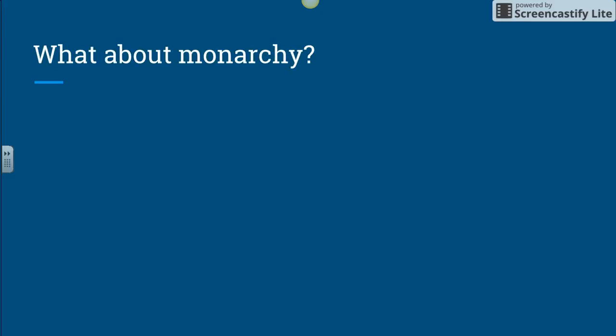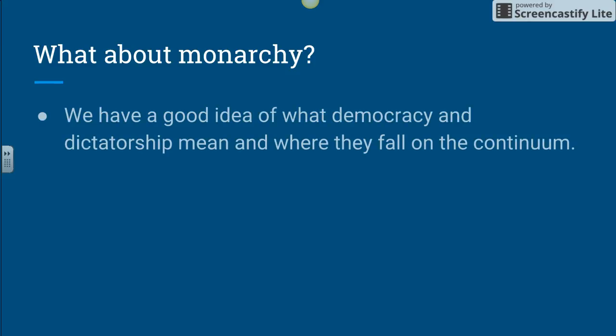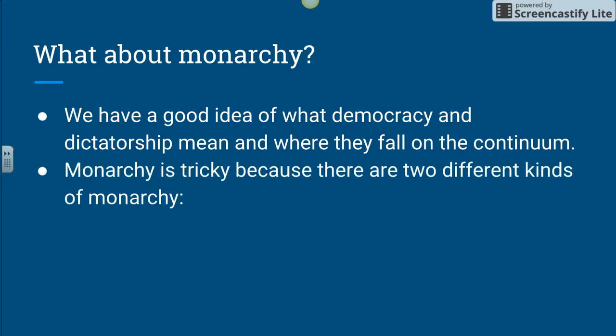What about monarchy? We have a good idea of what democracy and dictatorship mean and where they fall in the continuum, where they go. But monarchy is tricky because there are two different kinds of monarchy.